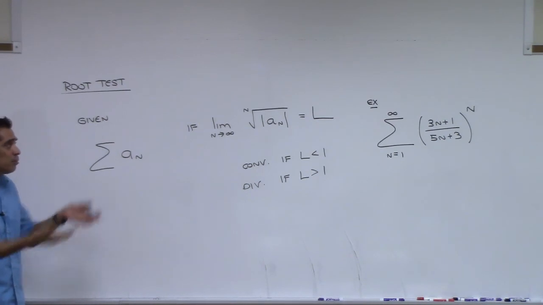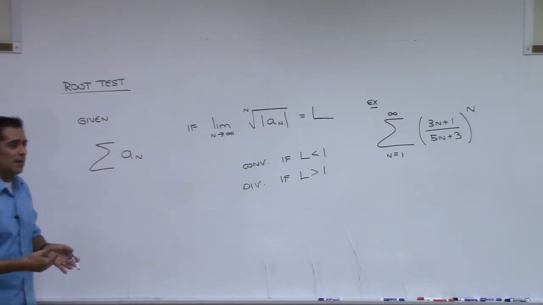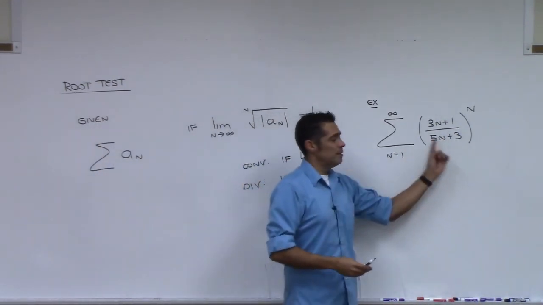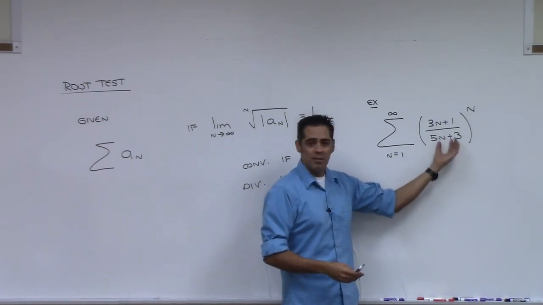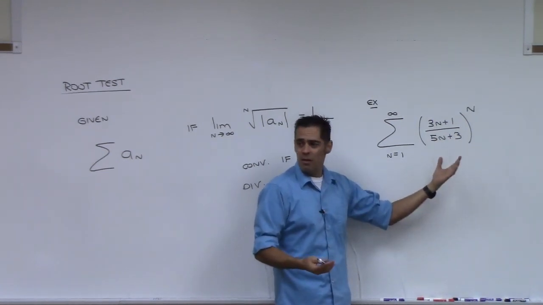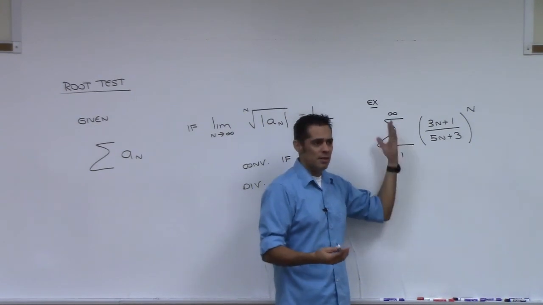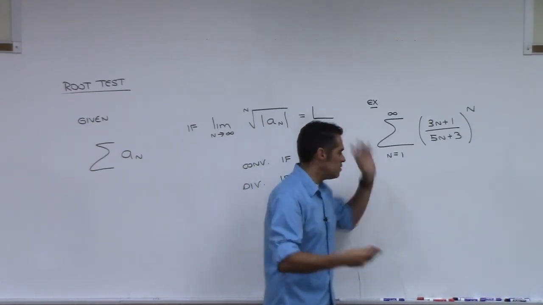Then I'll be left taking the limit of what's inside, and the limit of that as n goes to infinity is just 3/5. 3/5 is smaller than 1, so this is going to converge. But let's run through the test.